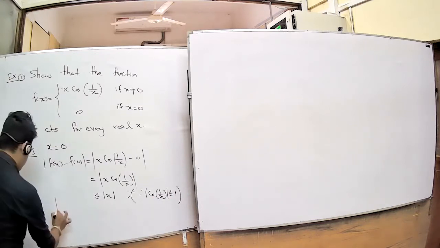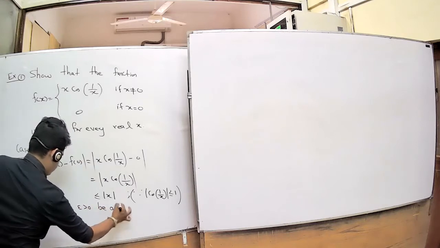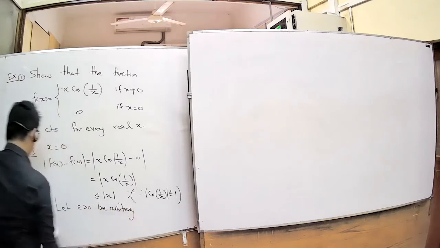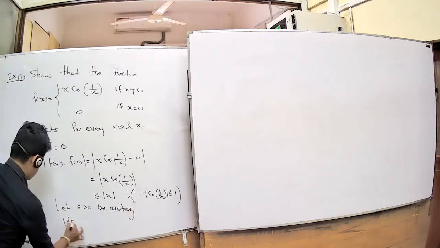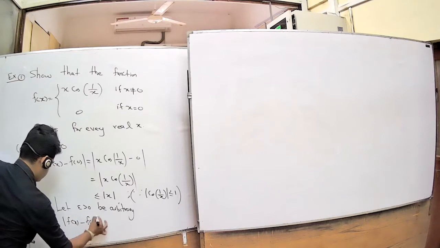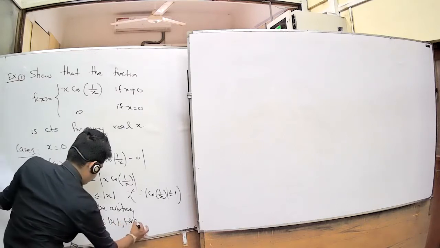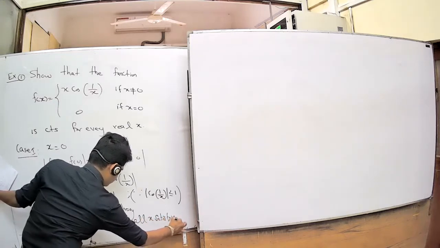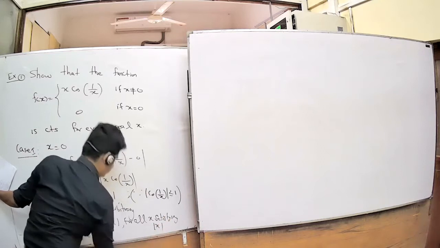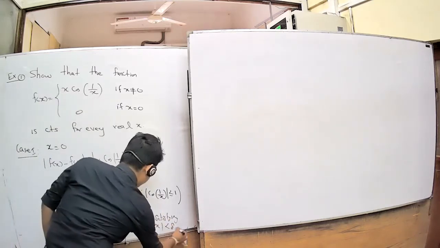Now, let epsilon greater than 0 be arbitrary. We have modulus of f of x minus 0 less than or equal to modulus of x, for all x satisfying which condition? Modulus of x, because x minus 0 means modulus of x, less than delta.